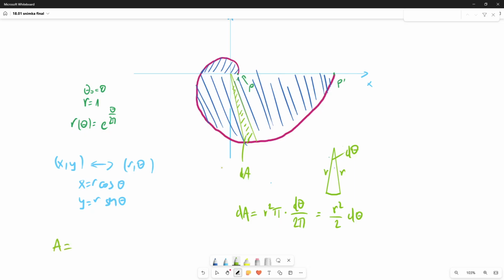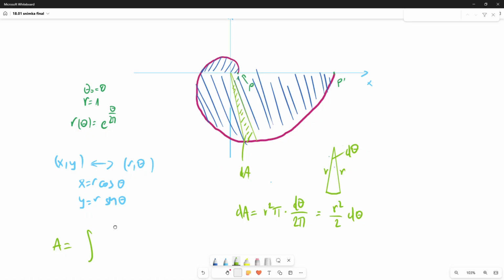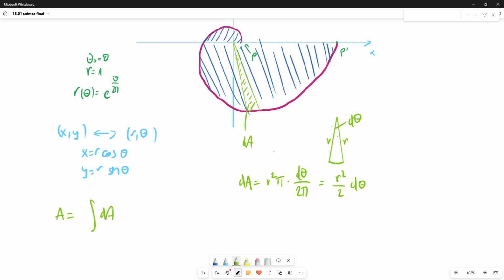So our total area is the integral of all unit areas, in this case from the initial angle 0 to the final angle 2 pi. That is, once again, we must express the area in terms of the angle so that it makes sense. So we have r squared over 2 times d theta, where theta goes from 0 to 2 pi.